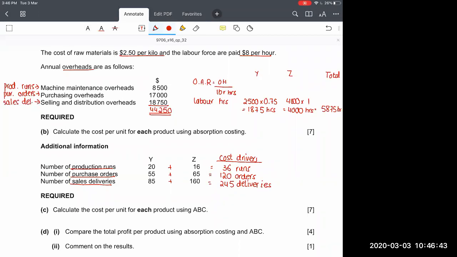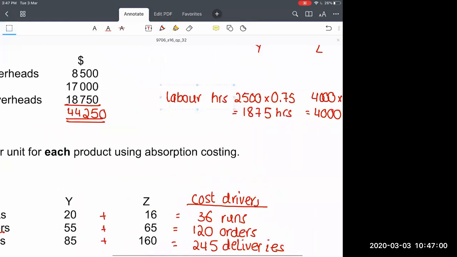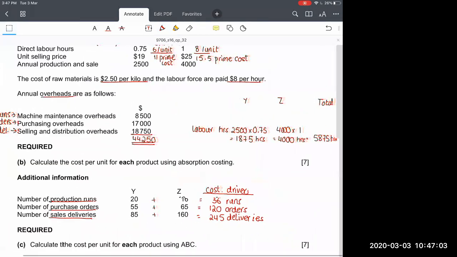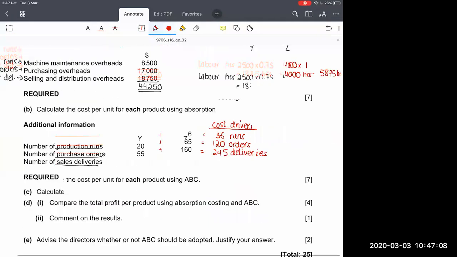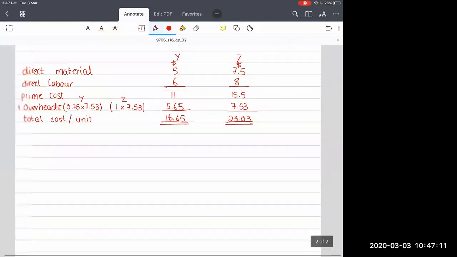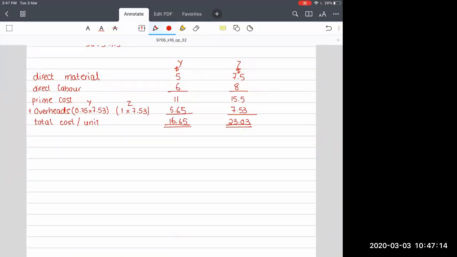Now for each cost pool, we need to calculate the activity rate. पहले हम क्या करेंगे? Activity rate calculate करेंगे. So let's first of all move towards the activity rate. Cost pool divided by cost driver equals activity rate.